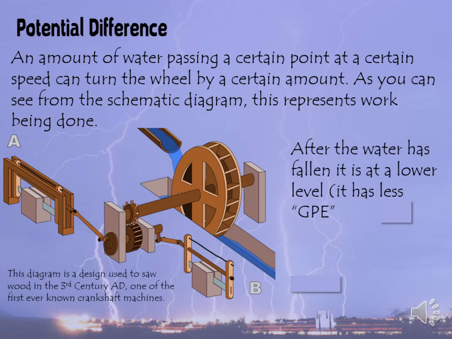You can take that change in gravitational potential of the water and turn it into work being done. And so you can take a difference in electrical potential between 2 points, and you can turn that into work being done.